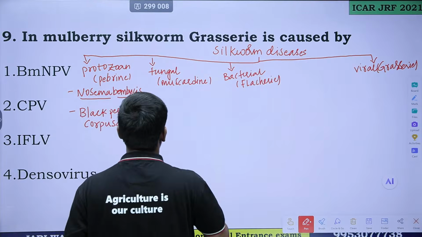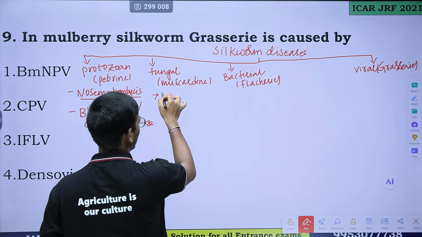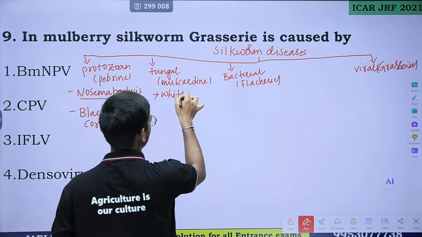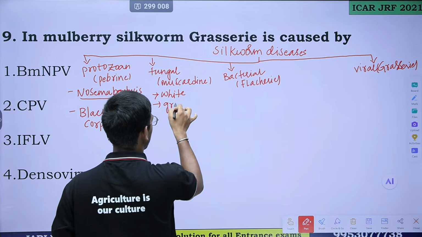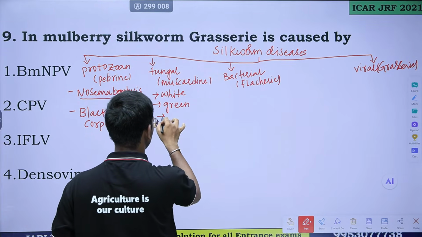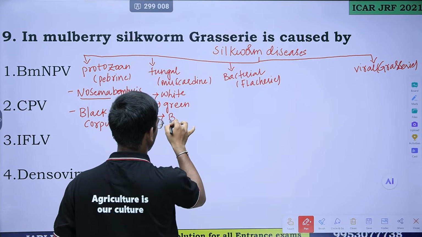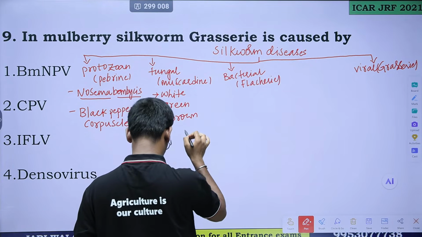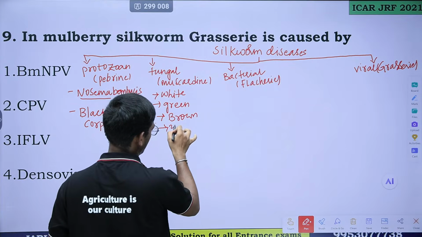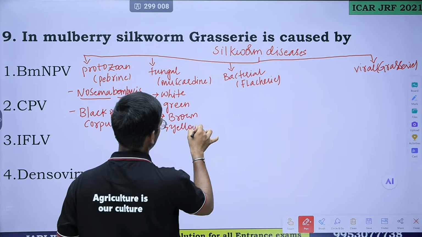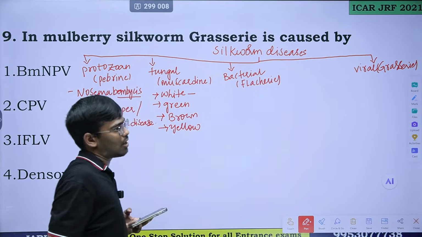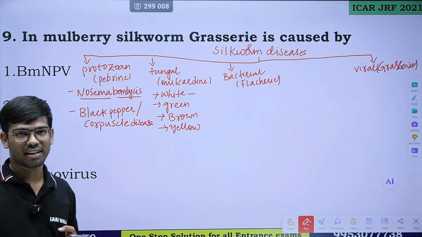Then in fungal disease, we have the muscardine disease: white muscardine fungi, green muscardine fungi, brown, and yellow. The last one is yellow. White, we all know, the causal organism is Beauveria bassiana.